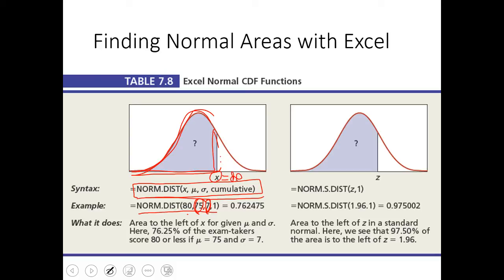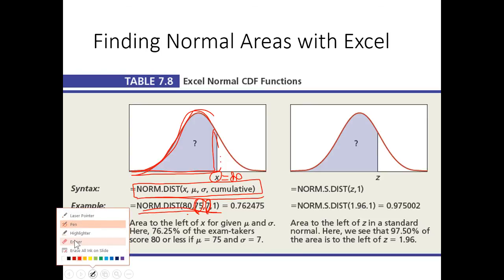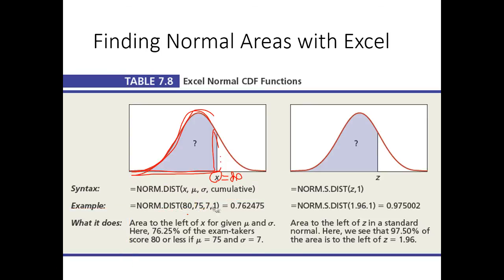Then we just say norm.dist, and 80, x is 80, and the mean and standard deviation, mean 75, standard deviation 7, and 1 means that it is the cumulative distribution, this area.